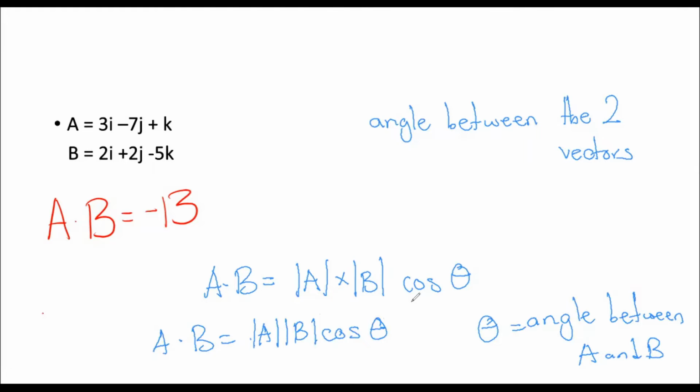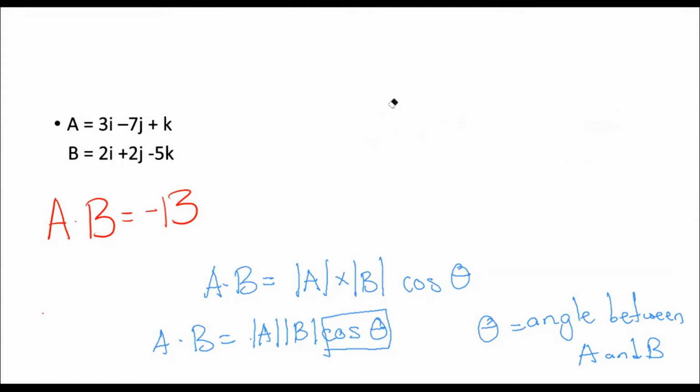Okay, so let's see if we can try and find the angle between these two vectors. So first of all, if we make cos theta the subject of the formula, we have that cos theta will be equal to A dot B over the magnitude of A times the magnitude of B, and then we can find our theta.